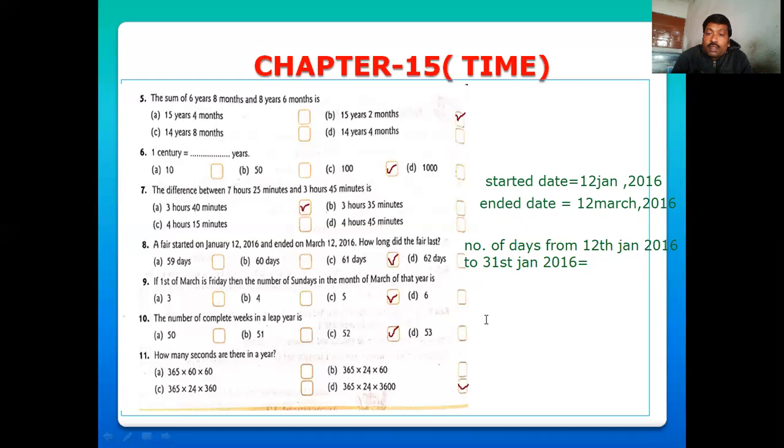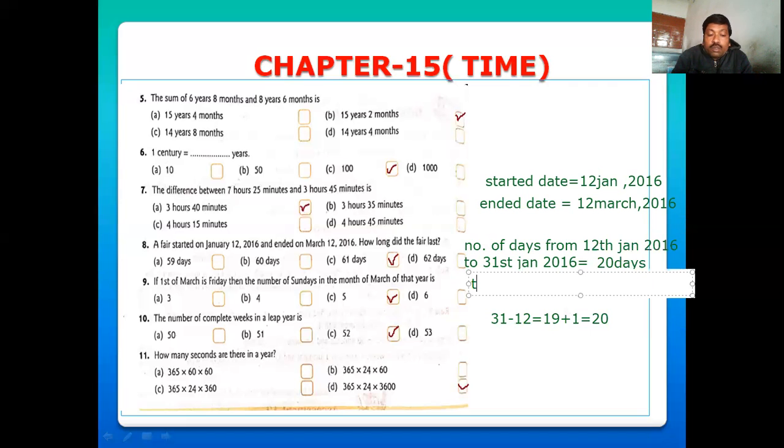To solve this, we will subtract 31 minus 12, which is equal to 19 days. And after that, we will add 1. So the total number of days is equal to 20 days, from 12 January to 31st January.